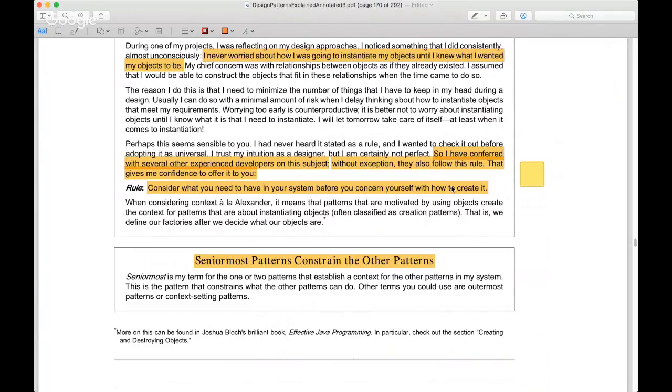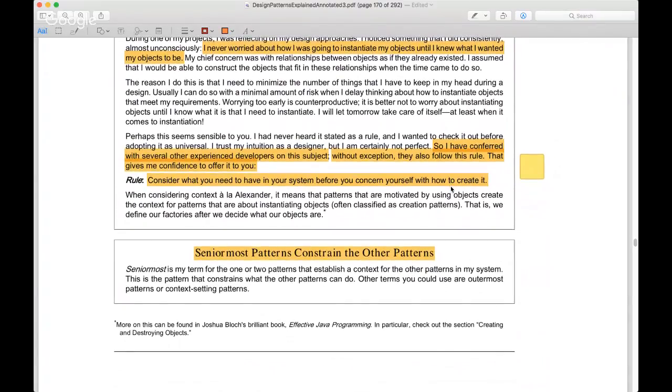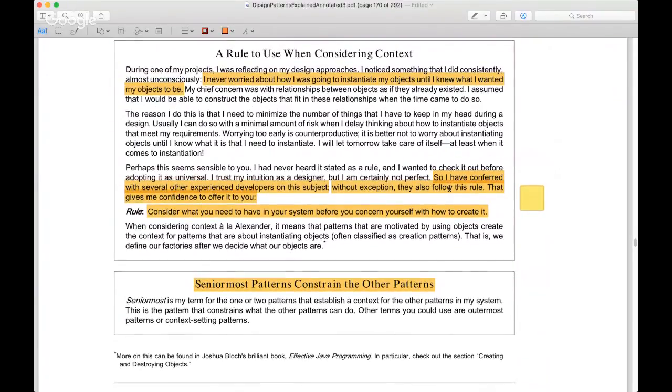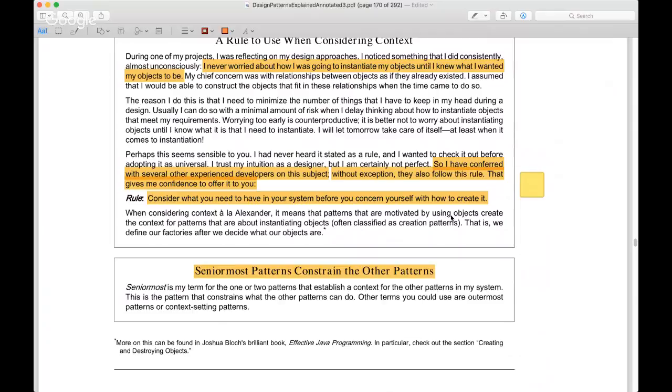So briefly, it turns out that neither he nor anybody else has found that worrying about any of the patterns for instantiating objects is going to be the first thing you look at, the top context.